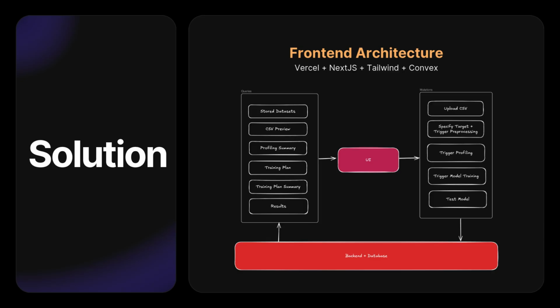Then you can tell the agent to begin preprocessing. That's going to be a Convex mutation. And within that mutation, there's going to be a call to the FastAPI endpoint, which is going to spin Modal instances whenever it needs to.